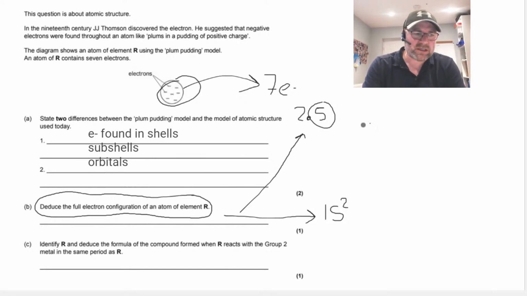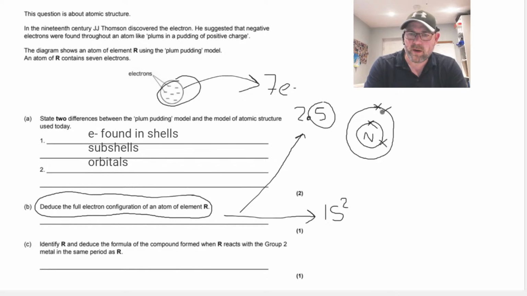On the old GCSE method, we would put 2 there, and then we put 5 like this. But in the new A-level method, I say new, it's not new, I was doing this 27 years ago in my A-level, so it's not new by any standard.